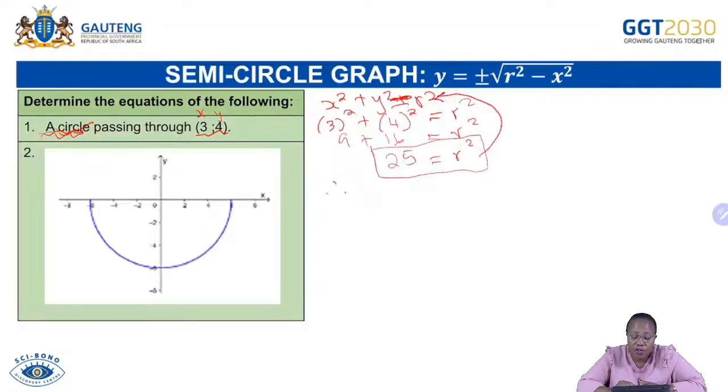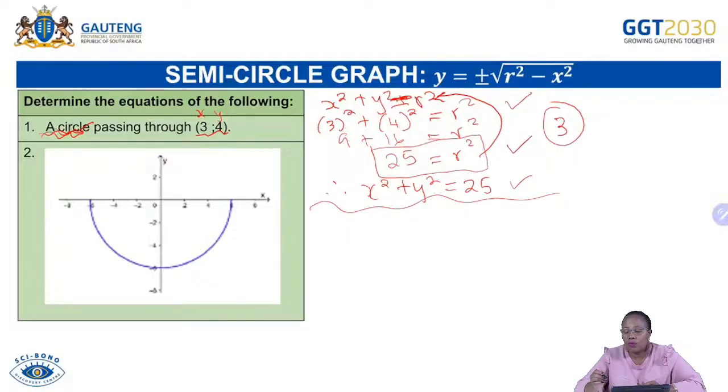Therefore, the equation for this will be x squared plus y squared equal to 25. That is the expected equation. So 1 mark will be for substituting into the original, and the second mark for finding your r squared is 25, and the final equation, x squared plus y squared equal to 25.